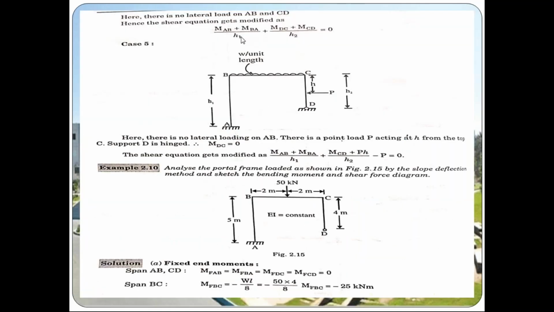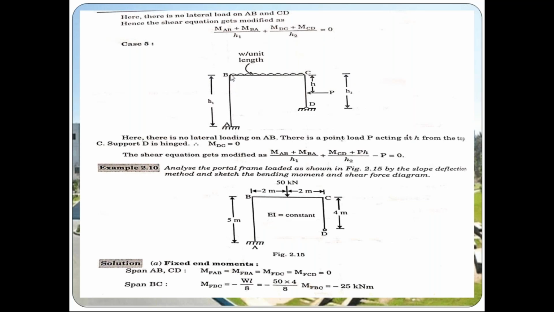So in case 4, there is no lateral load on AB and CD, and the shear equation is (MAB + MBA) by H1 plus (MDC + MCD) by H2 is equal to 0.